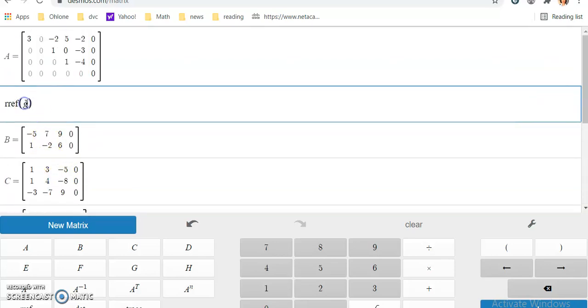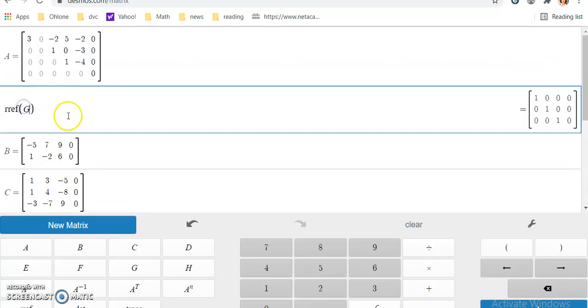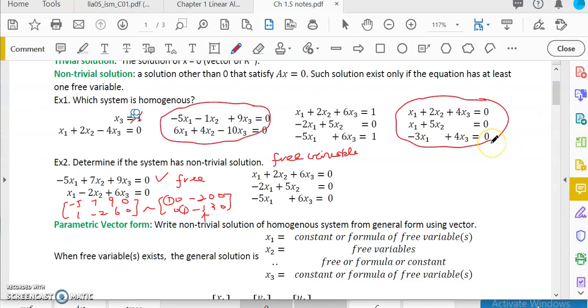So I do a reduced echelon for G. And after you reduce it, it is 1, 0, 0, 0, 1, 0, 0, 0, 0.